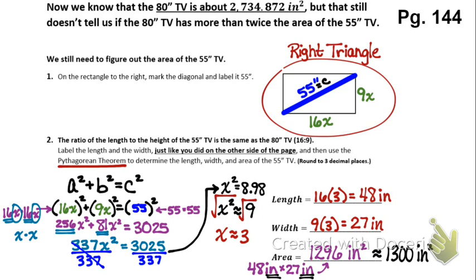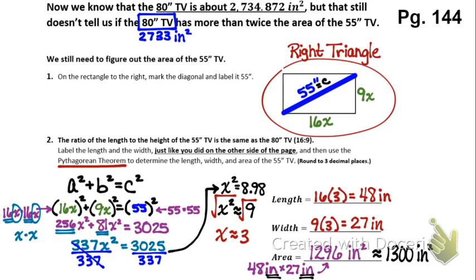If you guys flip over, can you tell me, we said yesterday the 80-inch TV had an area of about what? 2733 inches squared. Perfect. So I'm just going to leave it as 2733 inches squared because, again, I'm just kind of rounding.